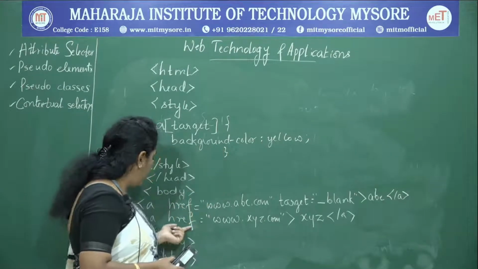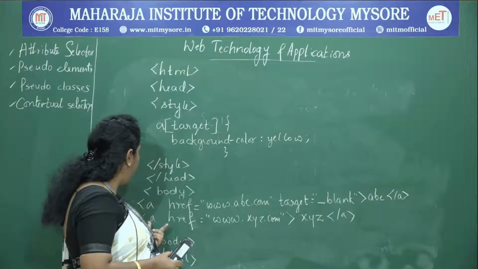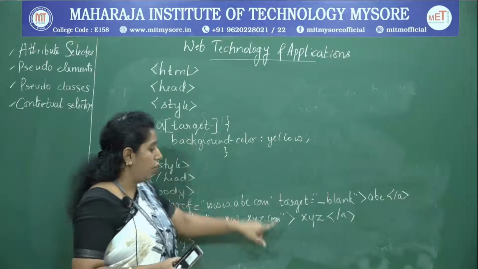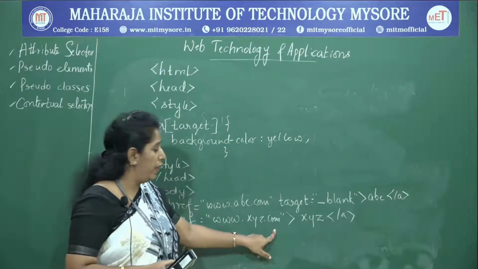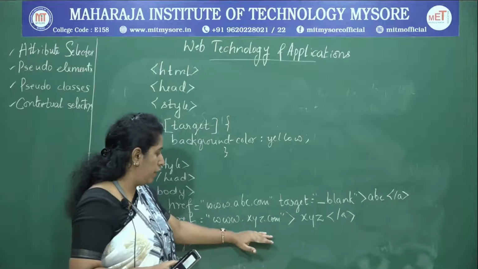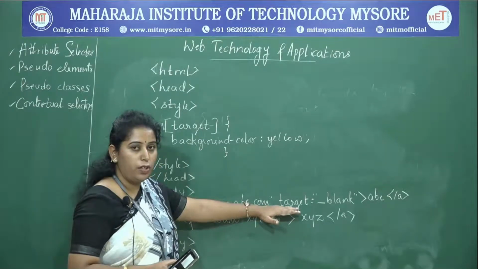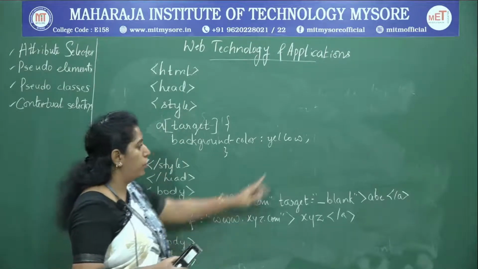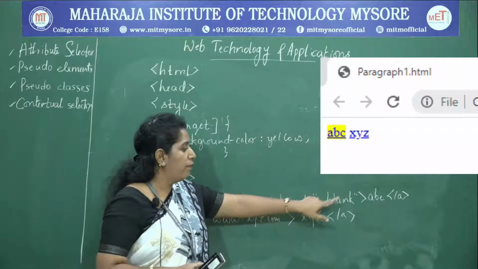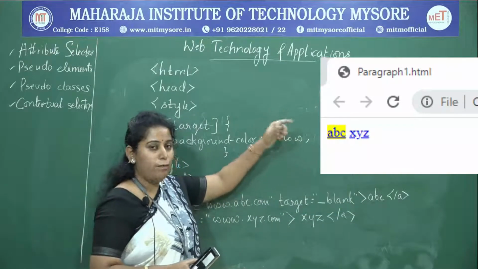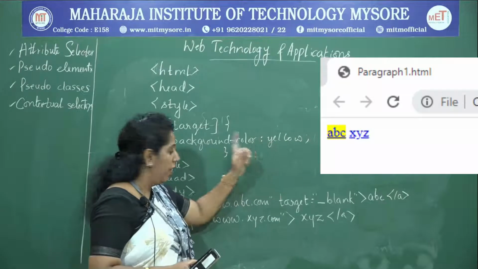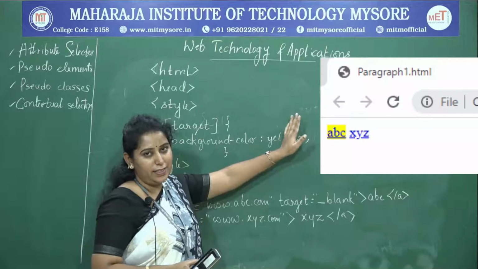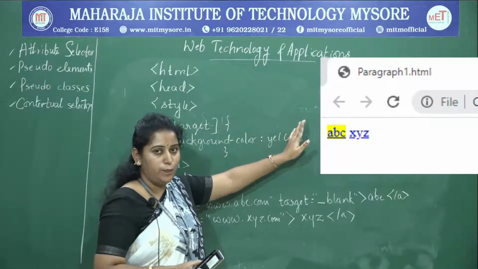Whereas in the next line, even though the A tags are matching, the attribute is not matching, so there will be no changes for that statement. Once you run this program, you can notice in the output screen the title ABC is printed with background color yellow, since it is matching the property, whereas XYZ is printed as it is. Understood?